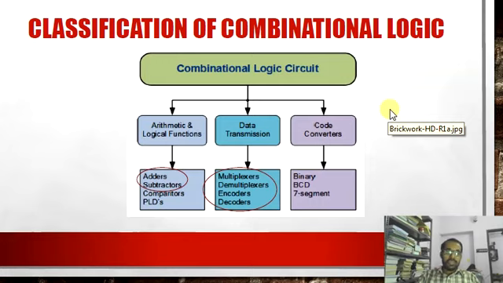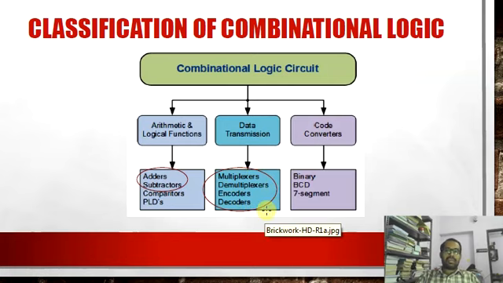In this unit you will be learning about arithmetic and logic functions, that is the adders and subtractors, and we will also study data transmission functional units such as multiplexers, demultiplexers, encoders and decoders. In the next few slides, today we are going to discuss the adders and subtractors, especially the half adder and half subtractor, the full adder and full subtractor.